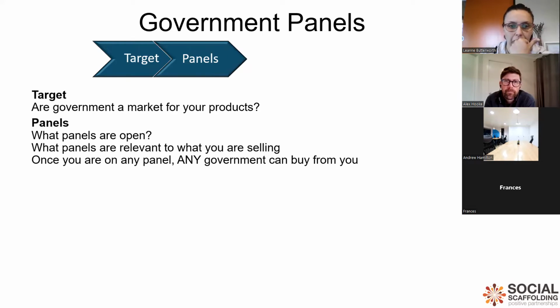In my ignorance, I don't know what happens with a change of government, if some of those panels get a refresh or a review. But basically I went to a couple of tender sites to see what was open.